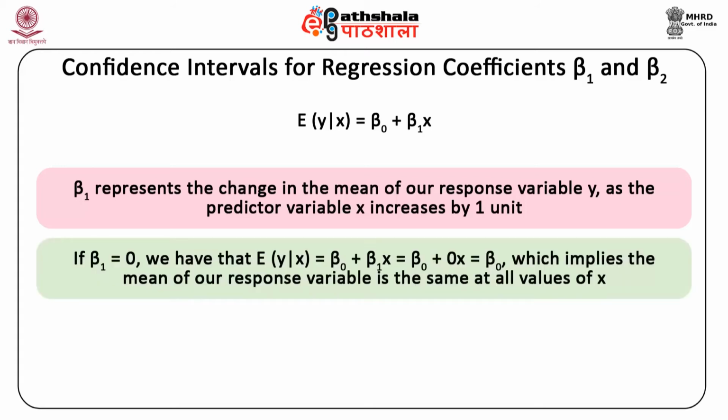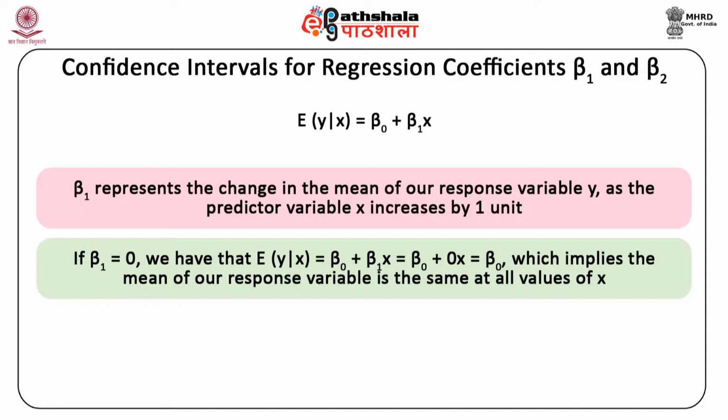Note that if beta 1 is equal to 0, we have that the expected value of y given x is equal to beta 0 plus beta 1 x, which is equal to beta 0 plus 0 times x, and hence is equal to beta 0, which implies the mean of our response variable is the same at all values of x.